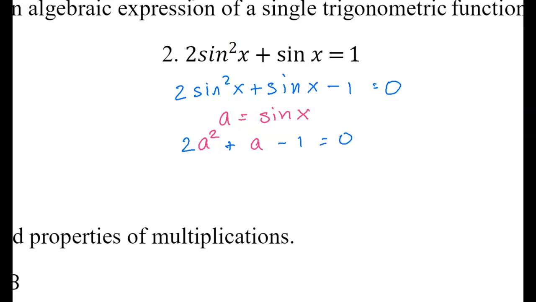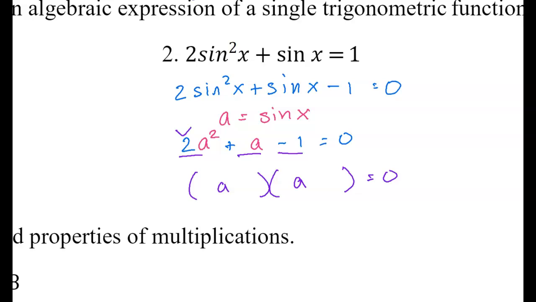So in our heads, now we think about what will multiply to give you 2 times negative 1, negative 2, but add to give you the 1. So what you do, create your binomials. You know that each one is going to have an a in front.